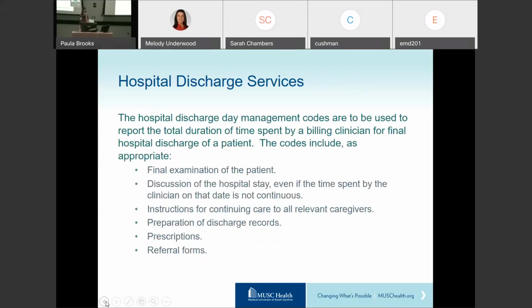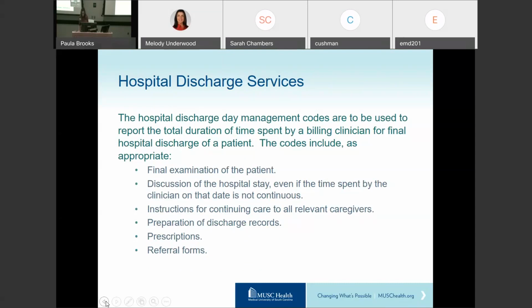Now, for hospital discharge services. These codes for hospital discharge day management are to be used to report the total duration of time spent by a billing clinician for the final hospital discharge of a patient.